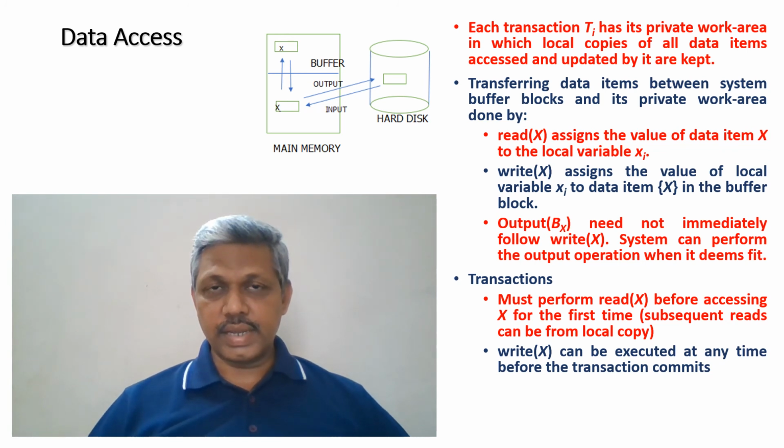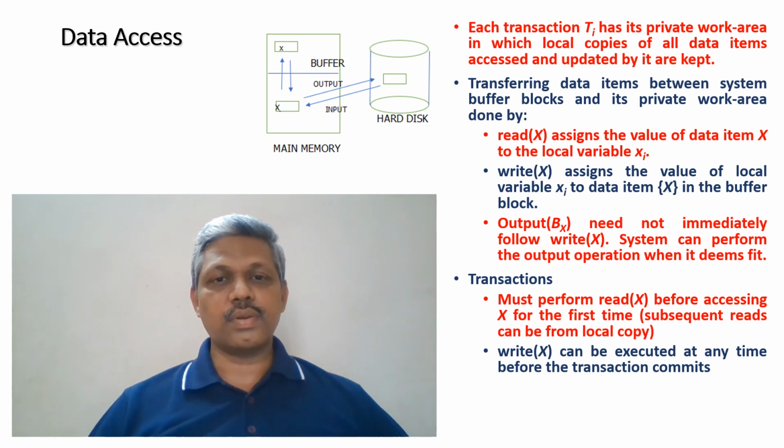It is read(X), which is from the system buffer to the local copy of the transaction, and write(X) is from the local copy to the system buffer. Similarly, write(X) assigns the value of the local variable xi of the transaction to the database object X. So that is how we give names for data transfers between the local copy and the system buffer.